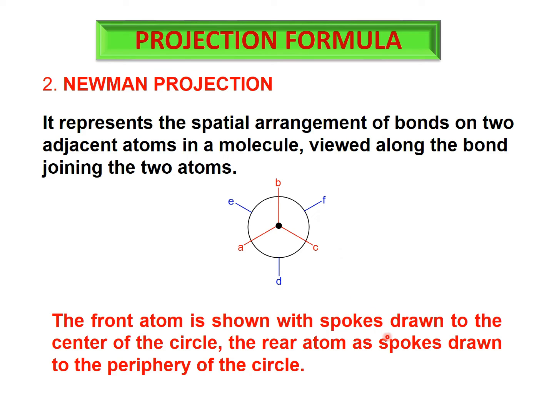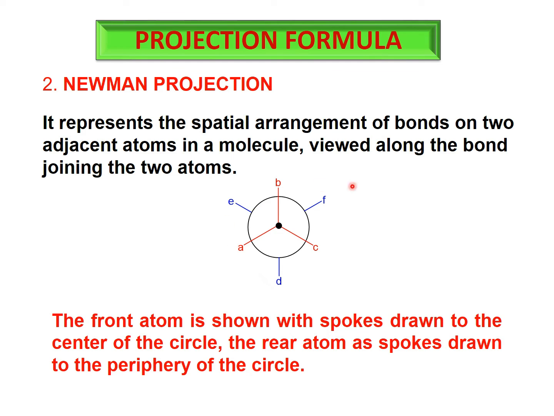So D, E, and F are attached to the circle. Circle means the carbon atom that is away from you. Dot means the carbon atom that is closer to you. So the carbon closer to you, the dot, has A, B, and C, and the circle has D, E, and F.